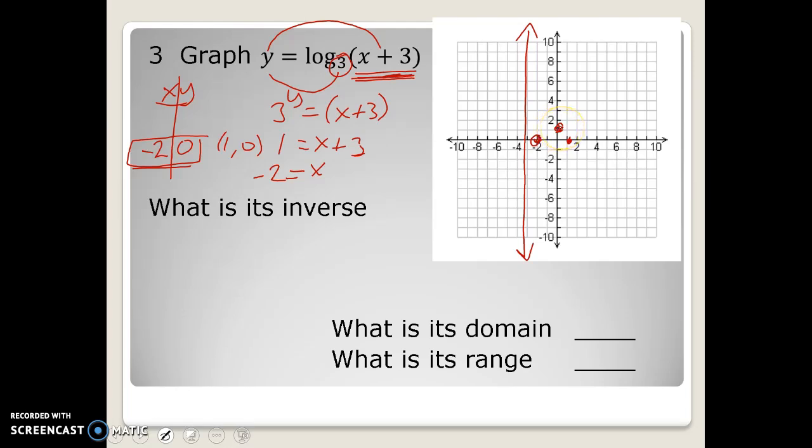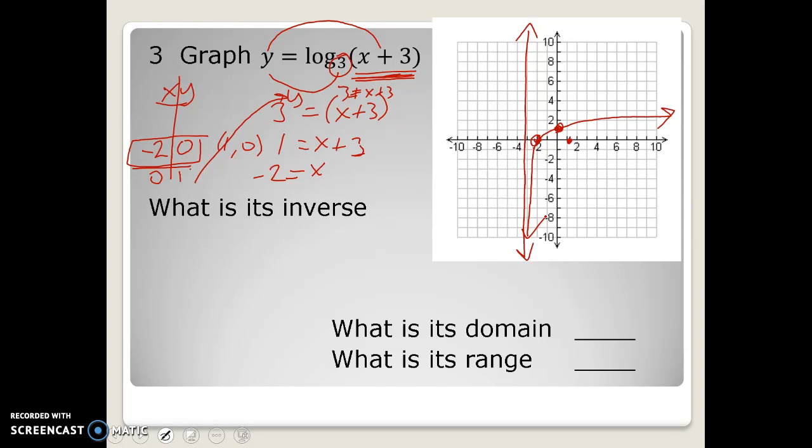As a matter of fact, if I plug in a 0 for x, I would get a 1 for y. We should probably make sure that point works. If I plug in a 1 for y, 3 to the first is 3. So 3 equals some x plus 3, and if I subtract 3 from both sides, I know that x is 0. So I'm going to have the same graph, except slid 3 units to the left.